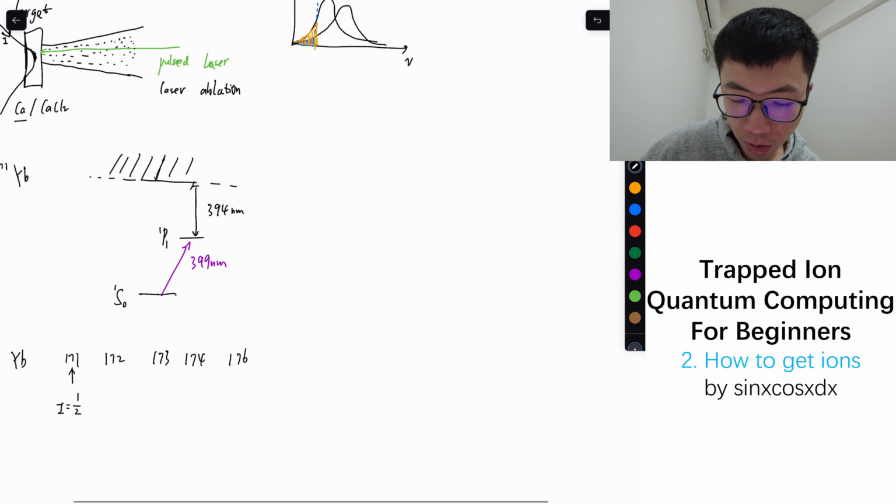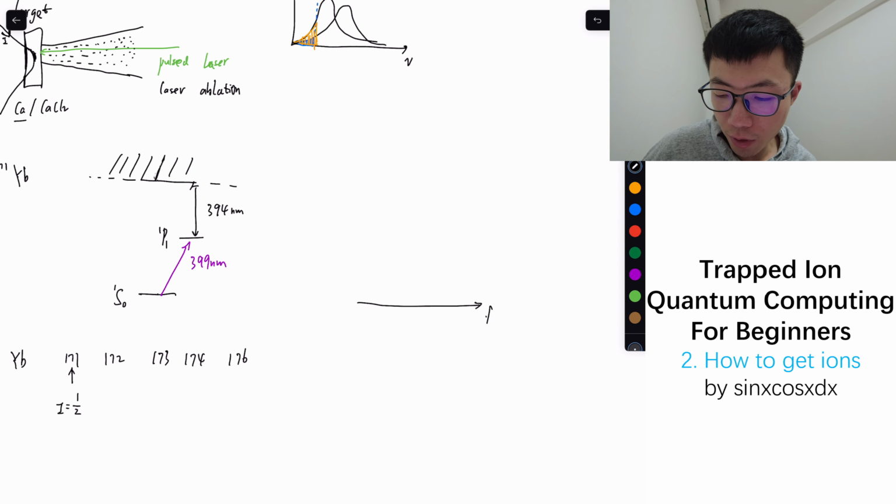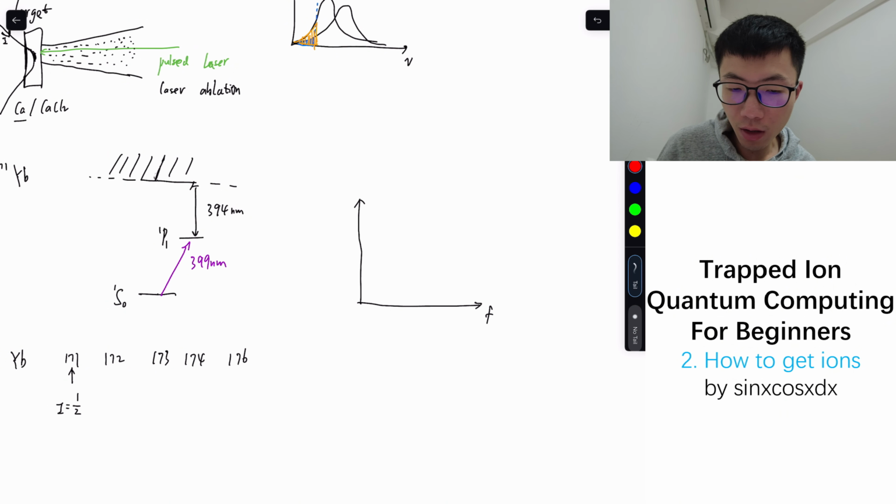Typically, if we draw the frequency of this 399 nanometer laser, and we get the atoms here and illuminate the atoms with 399, we will see it.